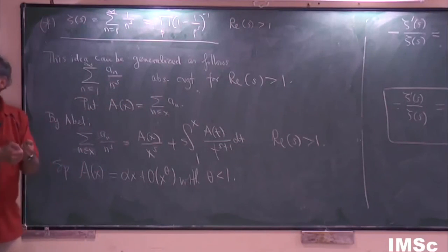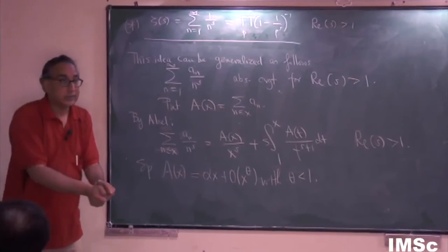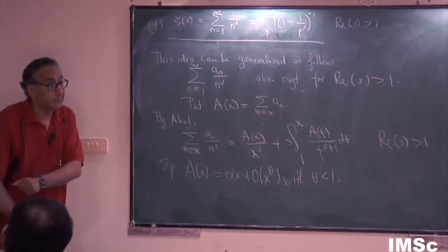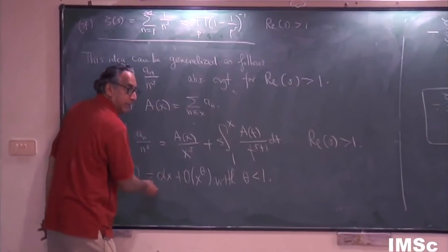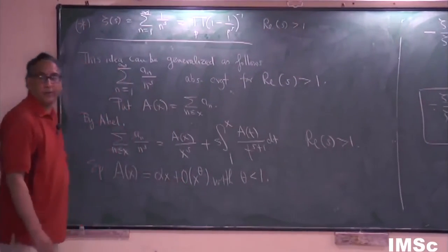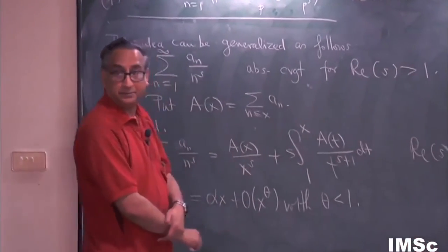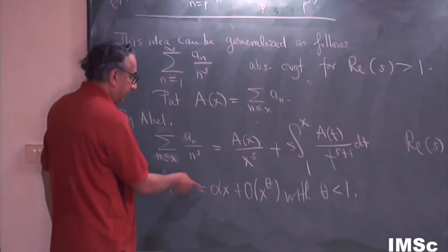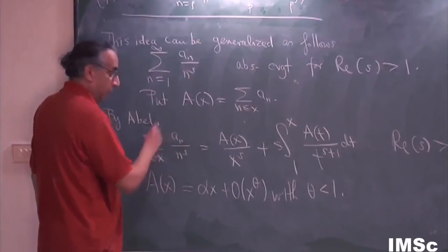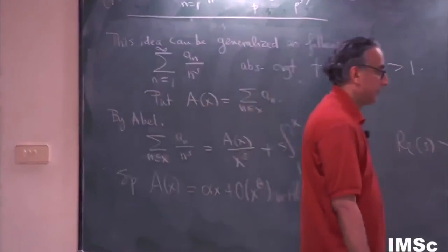We knew that the counting function of 1 up to x was the greatest integer of x, of course, which was equal to x plus O of 1. We used that property. So supposing I relax that a little bit and say that it's O of x to the theta with theta less than 1, and shove that back in here, and then take the limit as x goes to infinity.